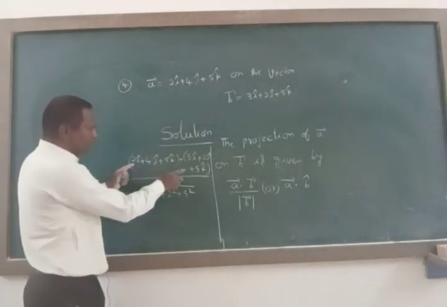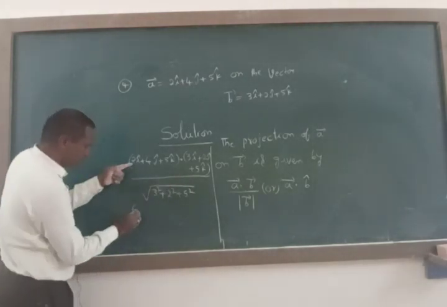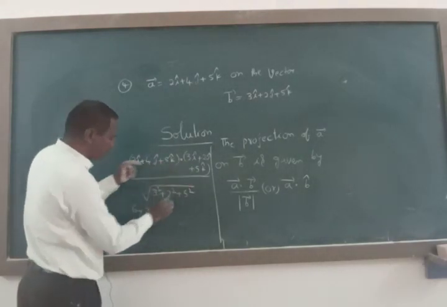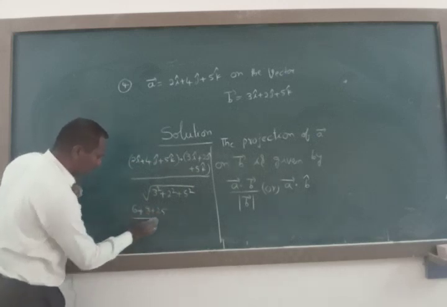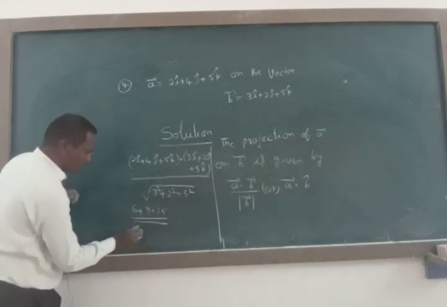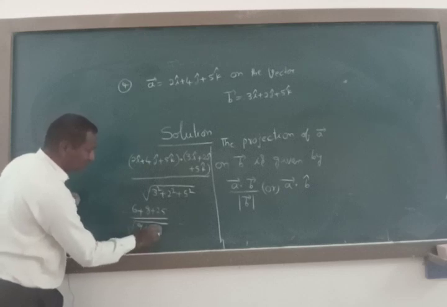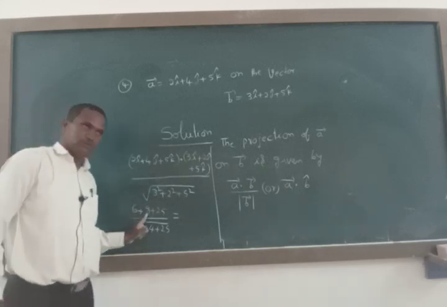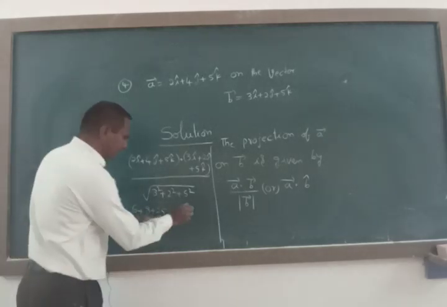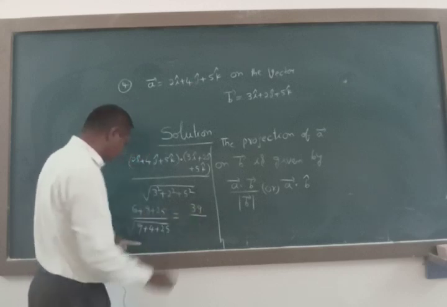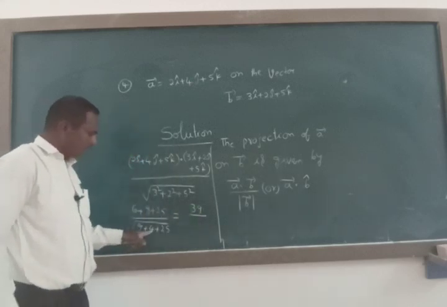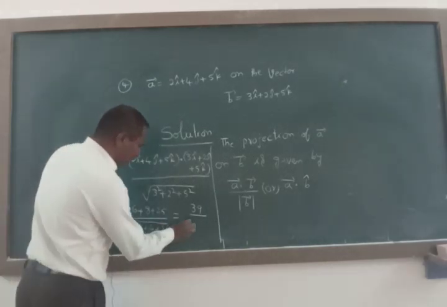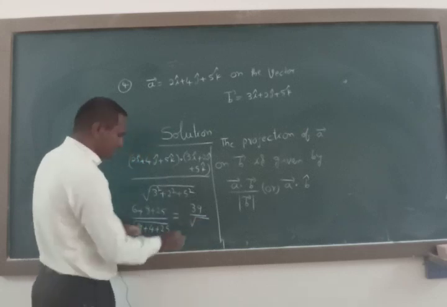Then take the dot product between these two vectors: 2 times 3 is 6, plus 4 times 2 is 8, plus 5 times 5 is 25, whole dividing by square root of 9 plus 4 plus 25. 6 plus 8 is 14, 14 plus 25 is 39, divided by square root of 9 plus 4 is 13, 13 plus 25 is 38.